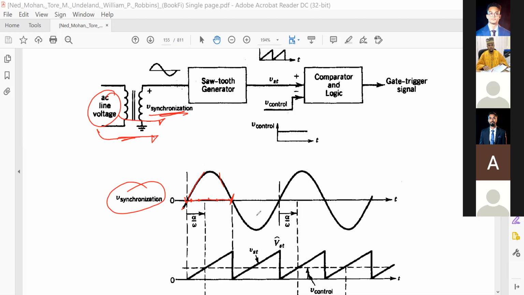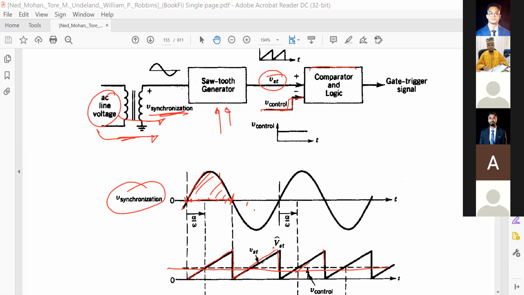This is the synchronized voltage, a sinusoid, and you use a sawtooth generator. When the voltage is there, you will get one sawtooth, and also in the negative you will get another sawtooth, and also in the positive another one. For the sawtooth generator, you can use an op-amp. Then you have the sawtooth and a control voltage, maybe a DC voltage, and then you compare.